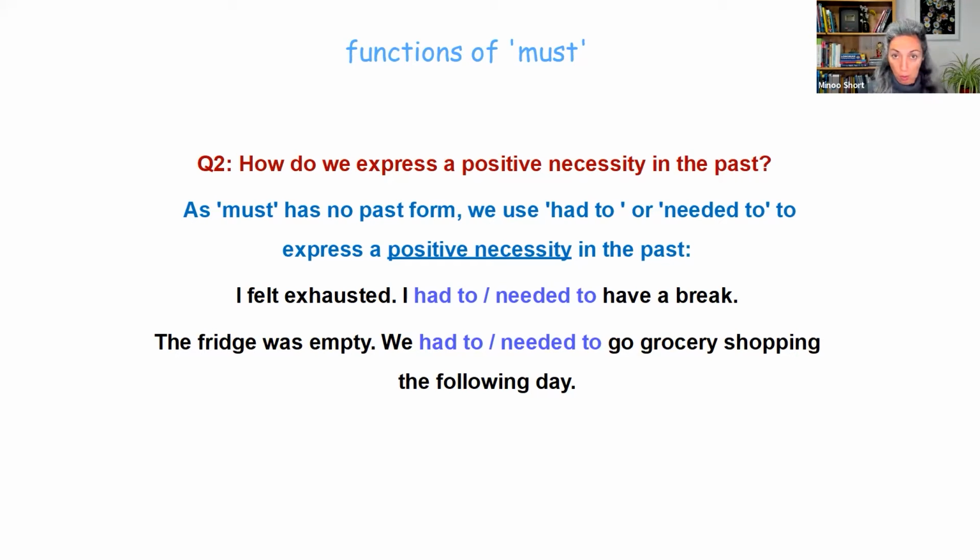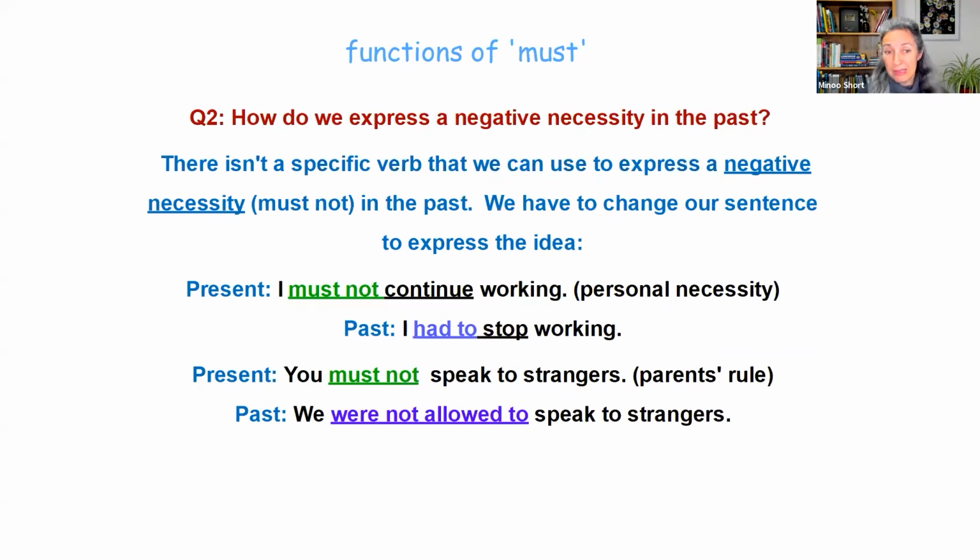So that's straightforward. But how do we now put a negative, the must not necessity, into the past? Well, actually, there isn't a specific verb or expression that we can use for a negative necessity in the past. We just have to describe the situation. We have to change our sentence.